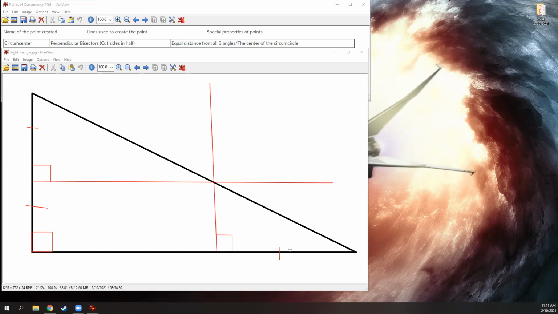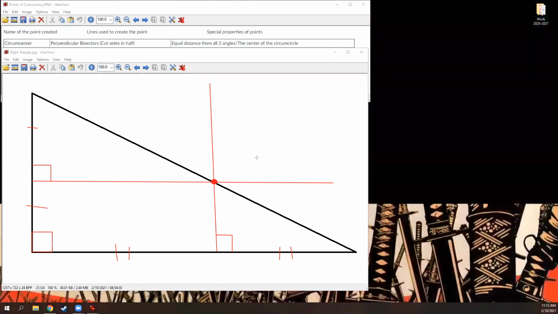My picture is not perfectly to scale, as I am noticing, but it is fine because it'll show, it'll be like this, if I did it correctly. So right here is your circumcenter in a right triangle.